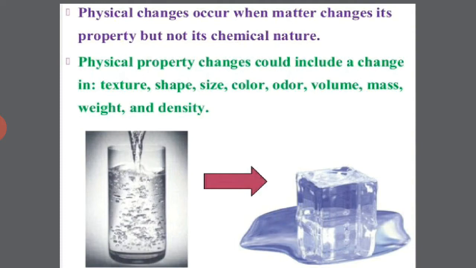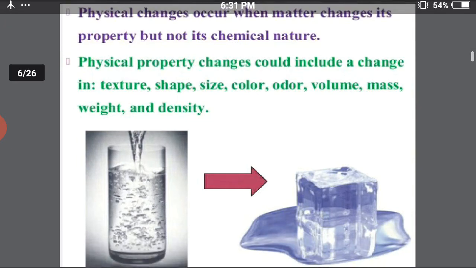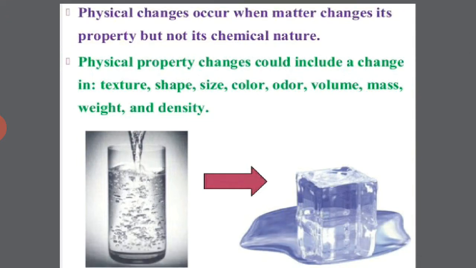Physical changes occur when matter changes its property. Matter changes its property but not its chemical nature. Got it? Property got changed, that means from solid to liquid or liquid to solid. You can see in the glass water is shown, and after the arrow the ice is shown.